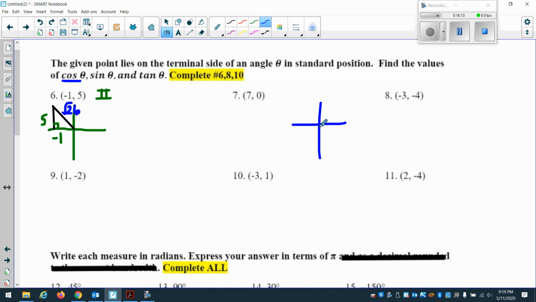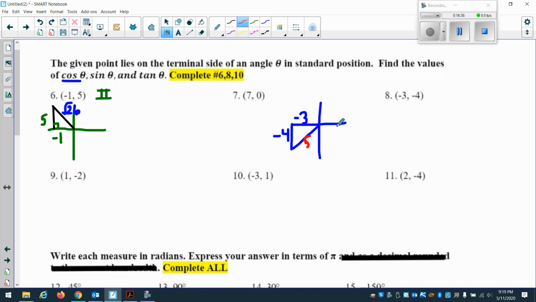So they're both negative. That's in quadrant 3. This is negative 3. This is negative 4. You run Pythagorean theorem and you end up getting a hypotenuse of 5. This is actually a 3, 4, 5 triangle.